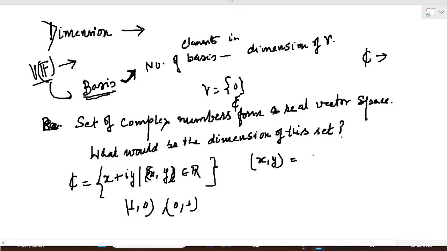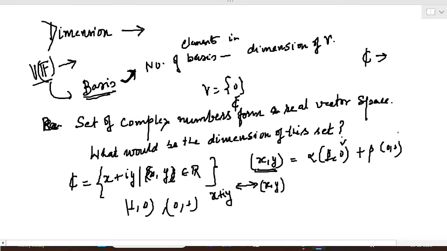If I want to generate this entire set, I can just do this. After all, if you want to write x plus iota y, or you write it this way, this is one and the same thing. So for every complex number, there is a point on the plane. So how many basis vectors are required?